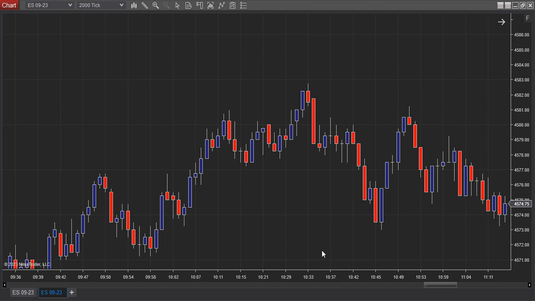Now, let's talk about outside bars. What is an outside bar? Simply put, an outside bar is any bar that broke the previous bar's high or low.